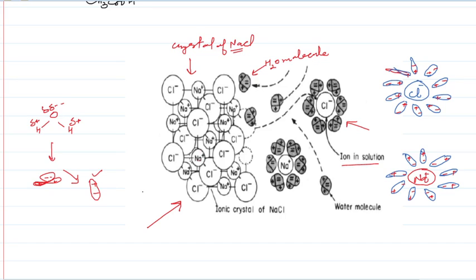When this solid NaCl is put in contact with a solvent, such as water, the solvent molecules rapidly attack the lattice, disrupt and break the ionic bonds, and thus generate hydrated ions.